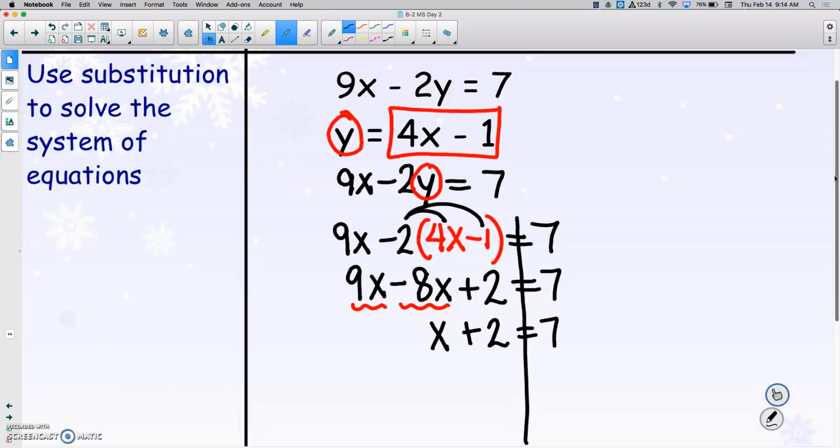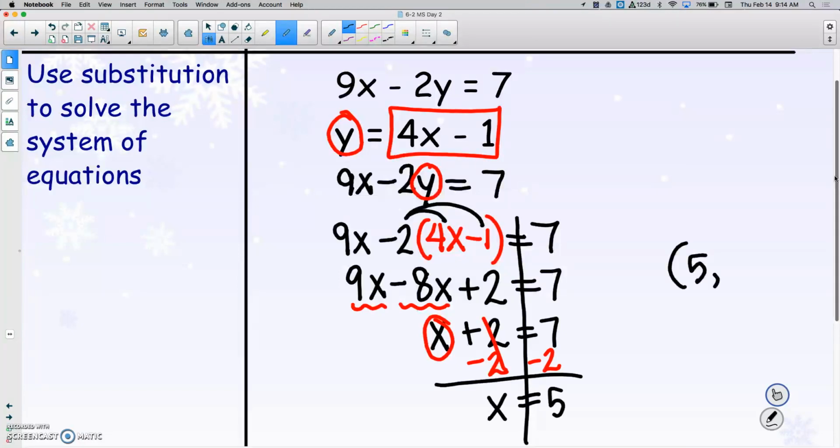Remember, when it's 1x, you don't have to write the 1 here in front. If you want to, you can, but you don't have to write it there. So I'm not going to write it because then it saves me a step. So if I subtract 2 on both sides, x equals 5. So the x-coordinate is 5. Go back up to the rectangle.